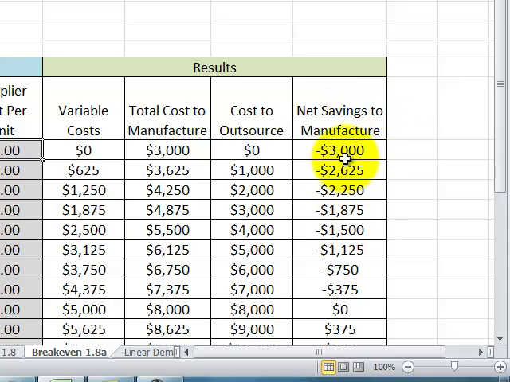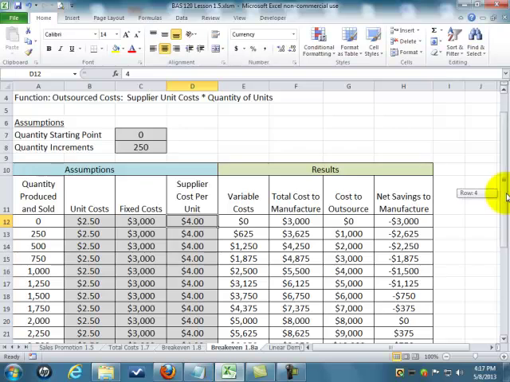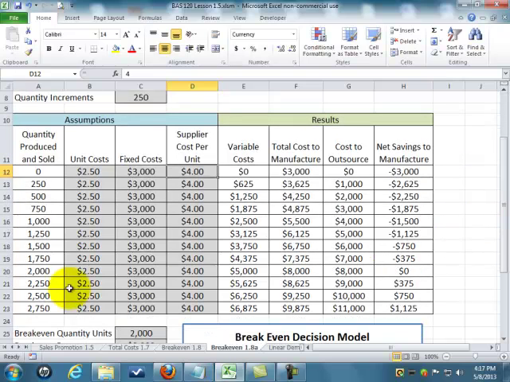It's better to outsource it or buy it from another vendor, because basically what's happening is, in low volumes, I'm not producing enough to offset my fixed costs. But notice as I come up here, again, I have a break-even point, and after that break-even point, it becomes beneficial for me to produce it internally, because I've got enough volume to overcome the fixed costs.